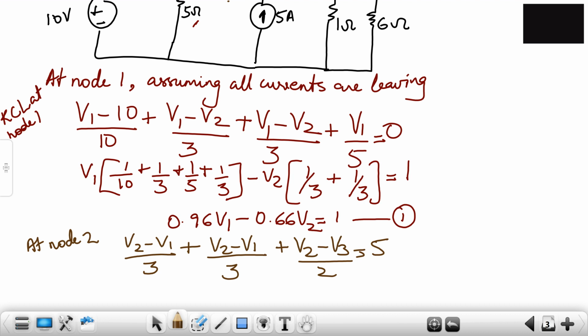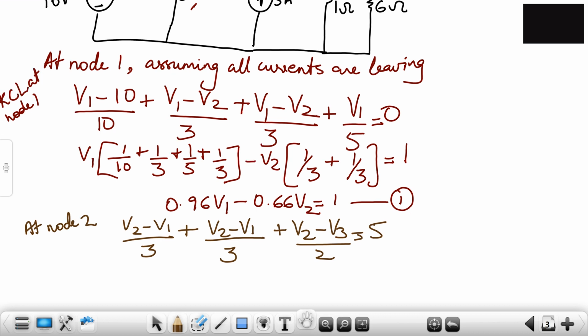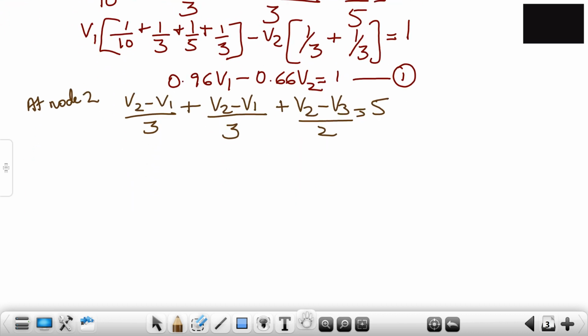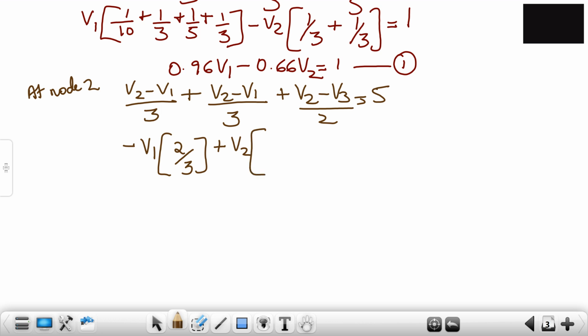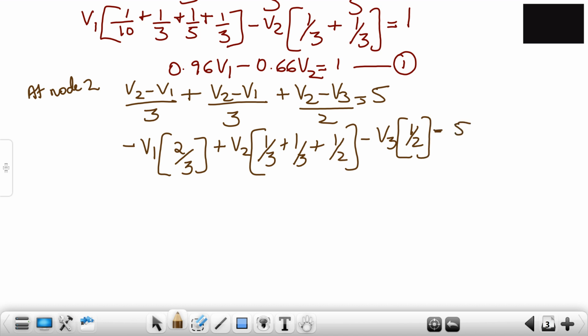If you rearrange the equation, you get minus V1 (2/3) plus V2 (1/3 + 1/3 + 1/2) minus V3 (1/2) is equal to 5.